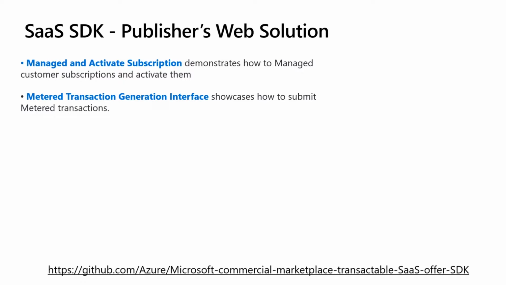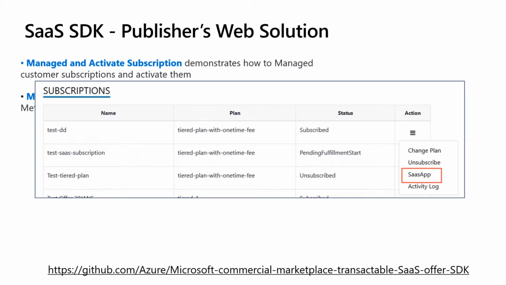We built an interface that would allow you to submit meters into the e-commerce engine. So it would allow you to have a screen where you can see the different meters, and when you click submit, it'll show you what was the JSON that was sent, or the calls that were sent to the billing API, and what is the response that you're going to get back. So there's a couple examples.